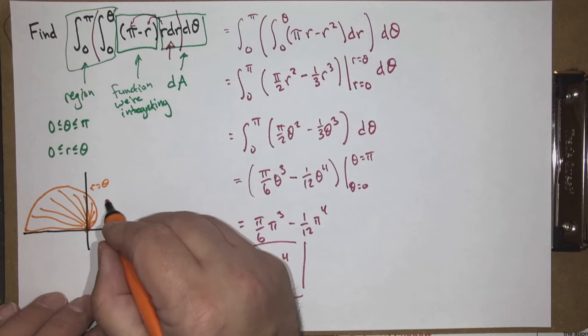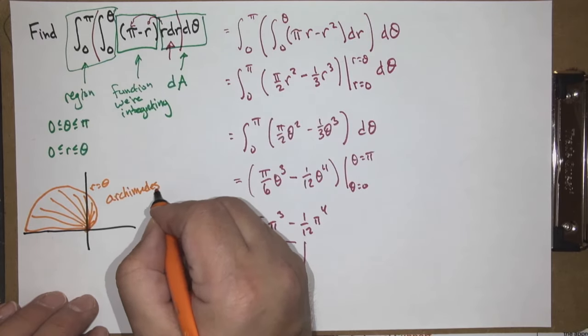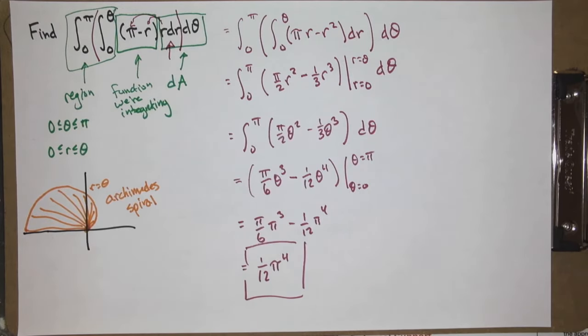On a side note, this is called the Archimedes spiral, named after Archimedes, one of the most famous mathematicians, and he loved math right to the very end. The story goes that he was in a city that was being invaded, and they said, look, take Archimedes alive, we need him.